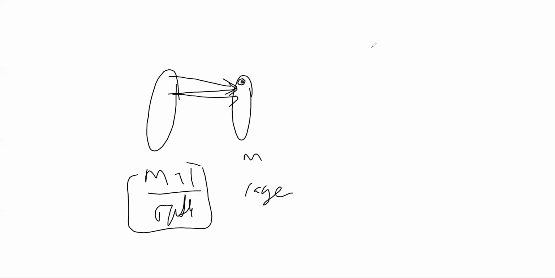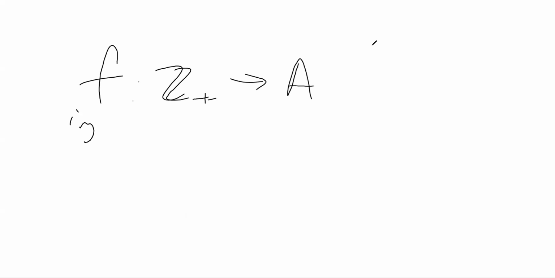So we did the first half of exercise 3. Then they ask, can you define an injective function f from Z plus into A without using the axiom of choice?